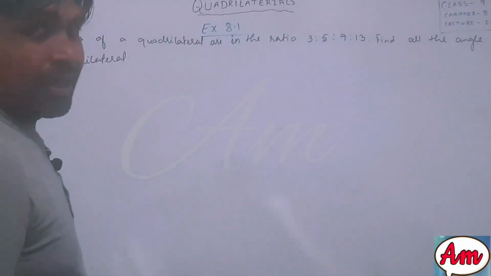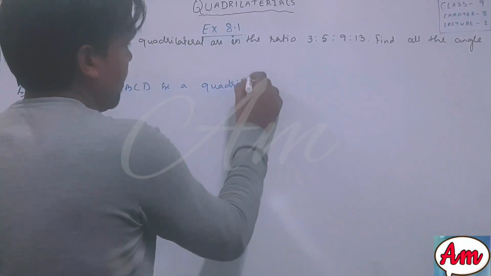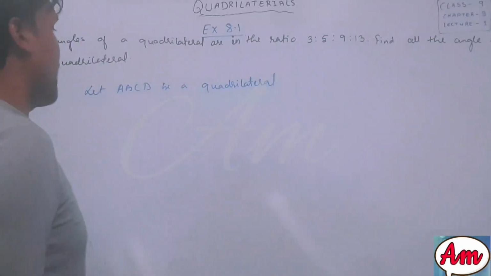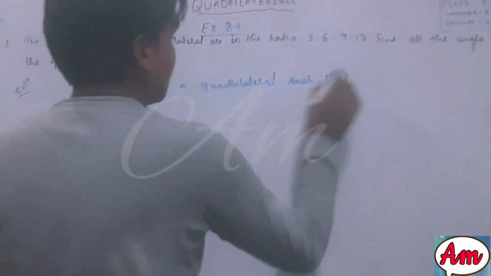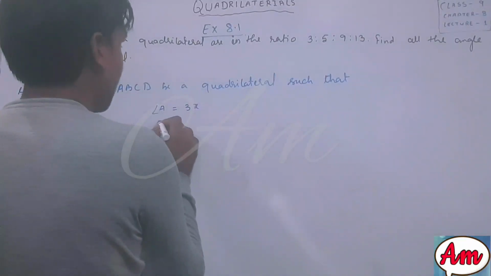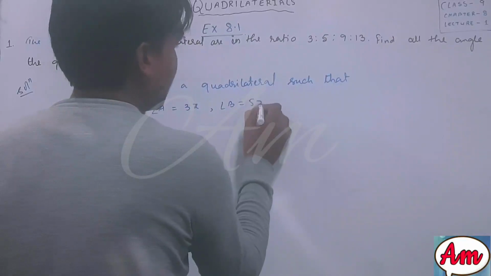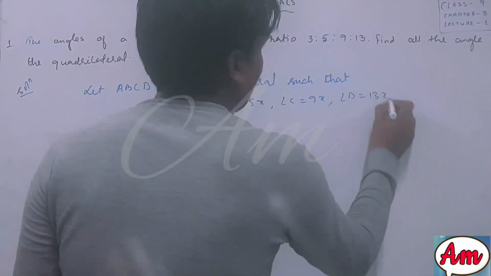First of all, let us assume that there is one quadrilateral. Let ABCD be a quadrilateral such that angle A equals 3x, angle B equals 5x, angle C equals 9x, angle D equals 13x.